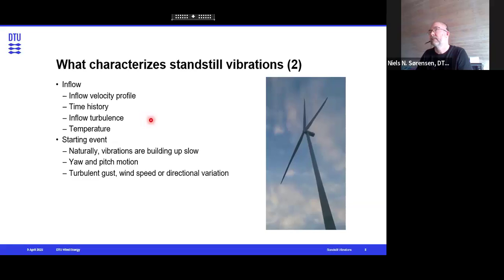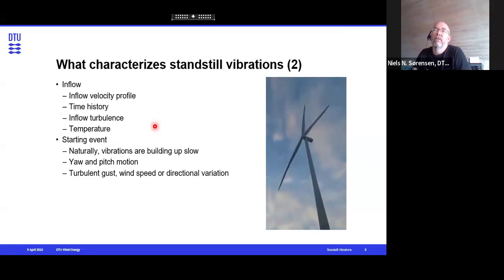Inflow turbulence can either damp the event by decorrelating things, or it can be the trigger of events due to a turbulent gust. And the temperature, in the form of density variation, will change the load level in the standstill situation.